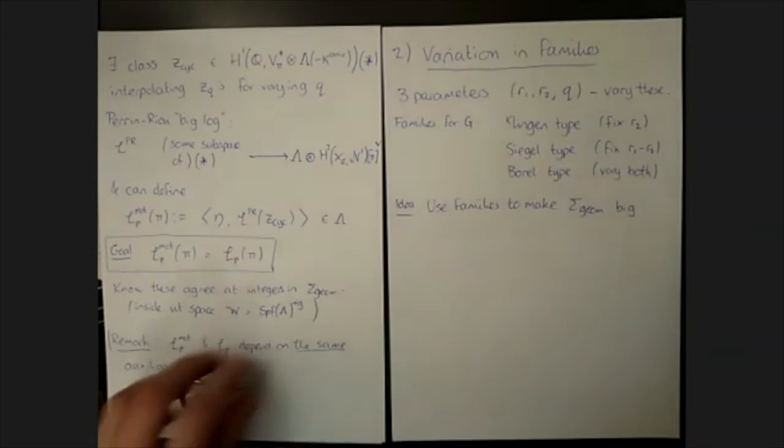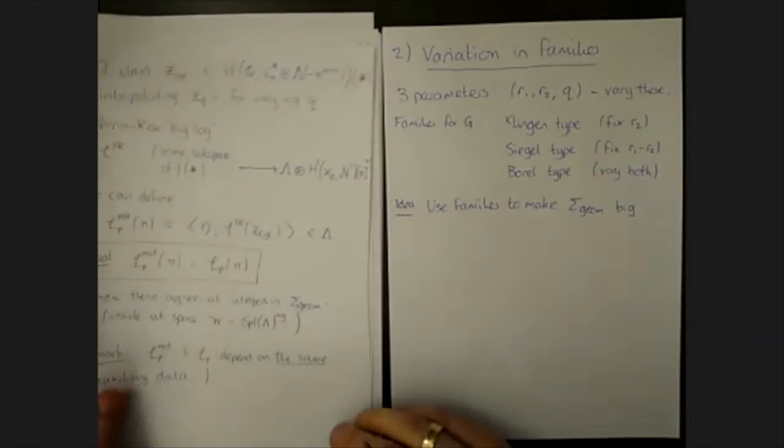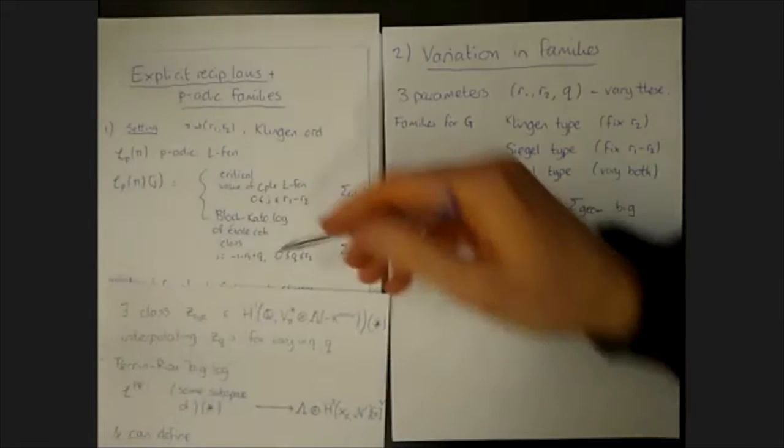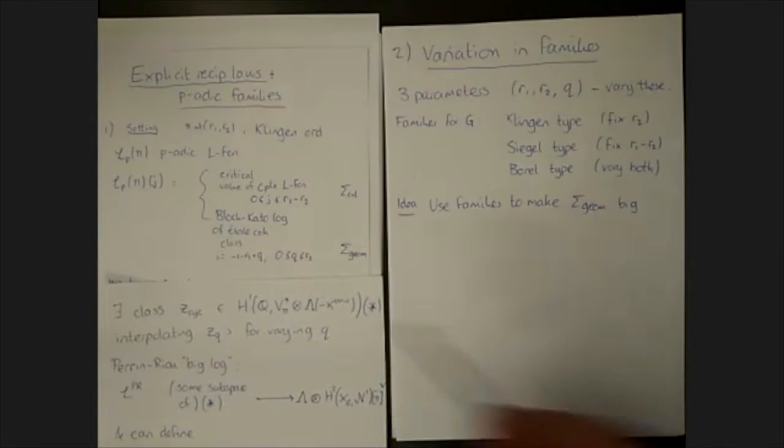So if you remember this set sigma geom, which was defined a page or two earlier, it's an interval, and the length of this interval is R2. So we want to be able to make R2 bigger.